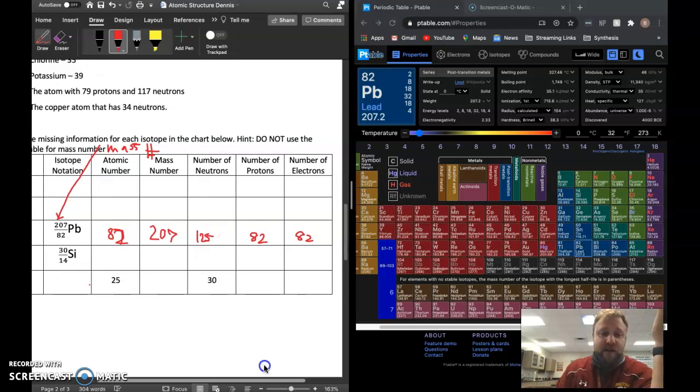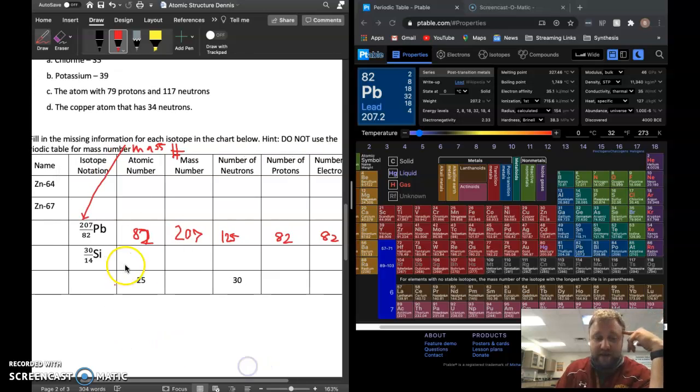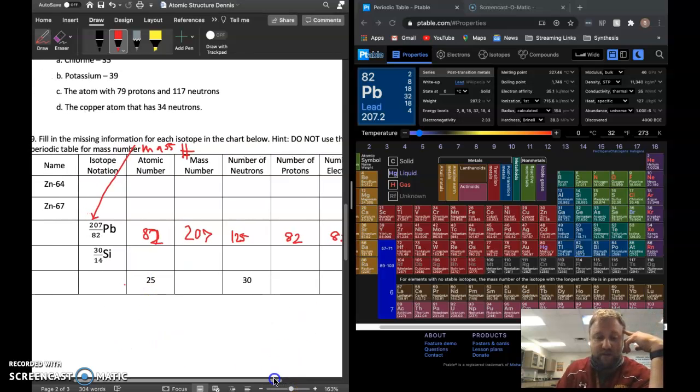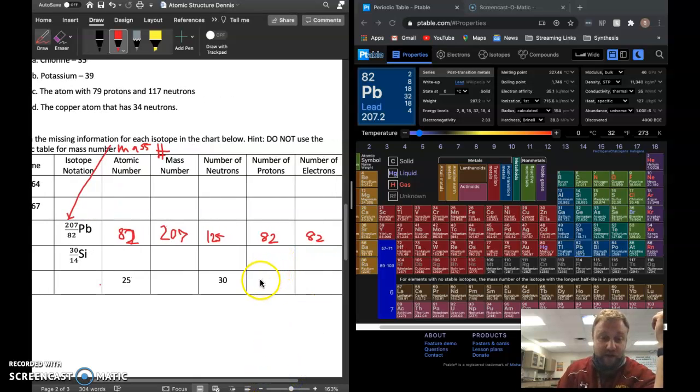But if you're given the atomic number and number of neutrons, that gives us everything we need to know. Because atomic number is going to tell us what element we are. It's also going to tell us our number of protons and electrons. So let's fill in what we can without even looking at the periodic table. Atomic number is equal to my number of protons, equal to my number of electrons, so 25 and 25.